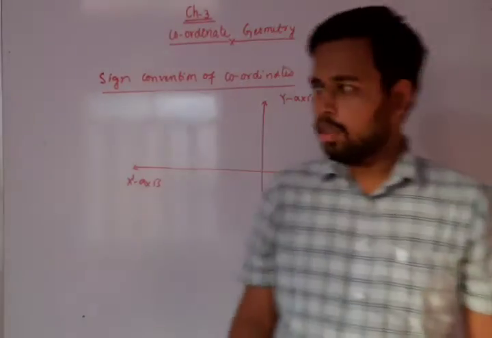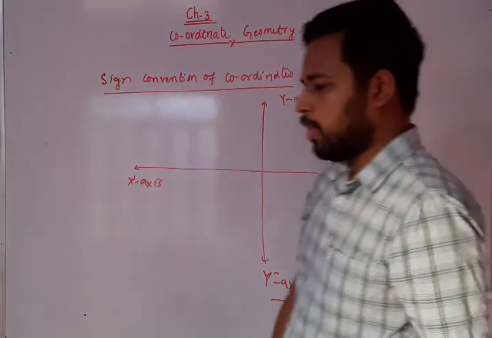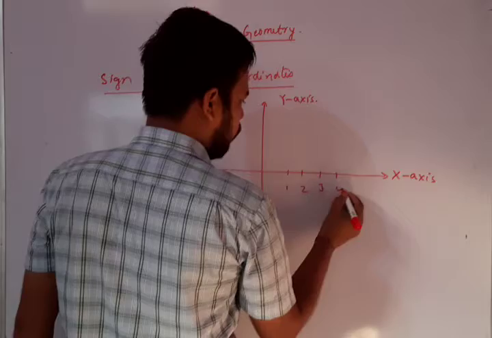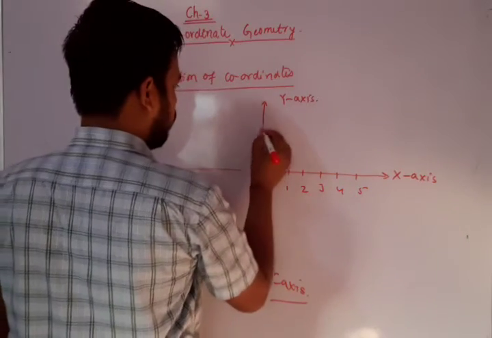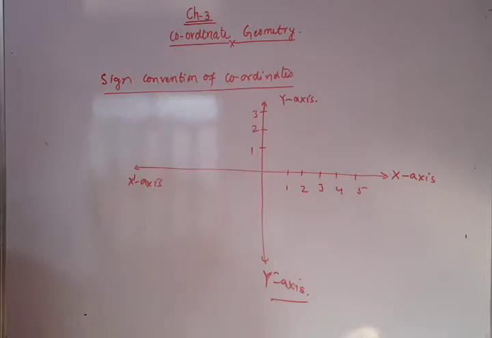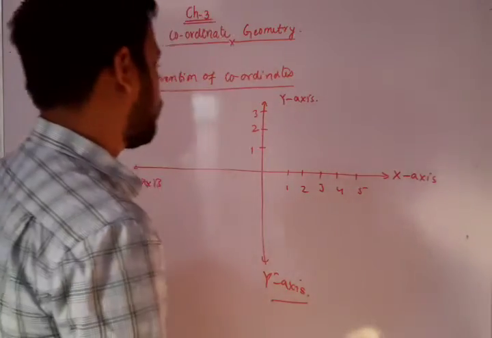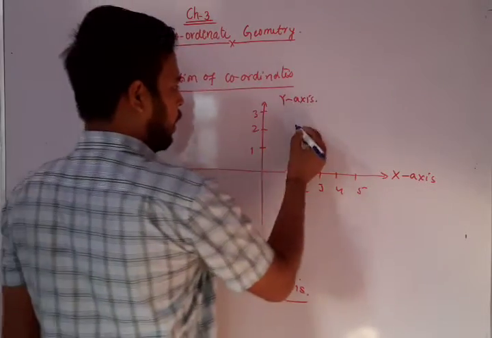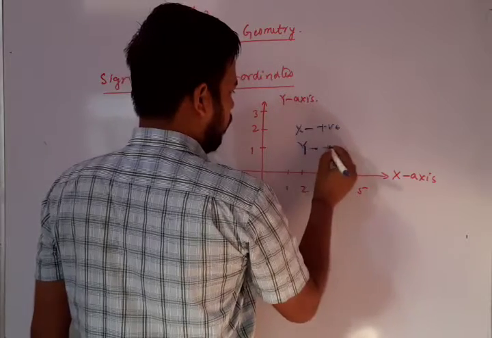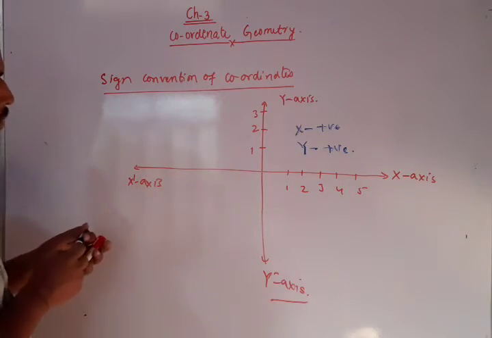Now in this area all numbers will be positive. See, 1, 2, 3, 4, 5, 1, 2, 3. All the coordinates in this region will be positive. Here x will be positive and y will be positive.